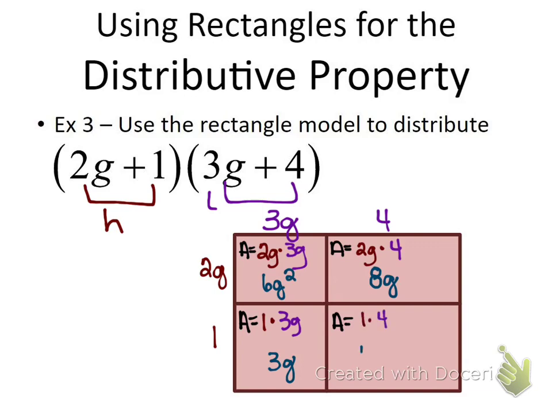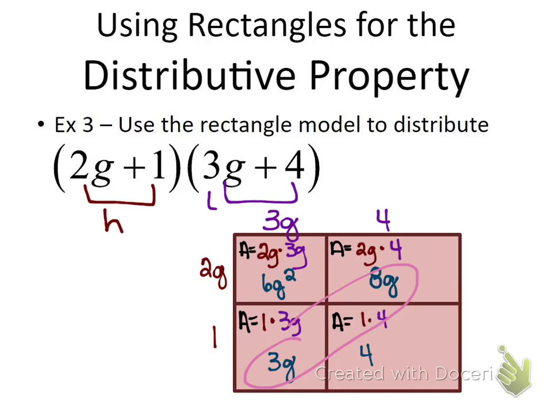Good. Okay. So when we go to combine these terms, because I want to find the total area, do I have any like terms there? Yep. What are they? 8G and 3G. Now, my terms have to be in a specific order, the order that we learned last semester. It has to be in ABC order, and it also has to start with the variable with the highest exponent.